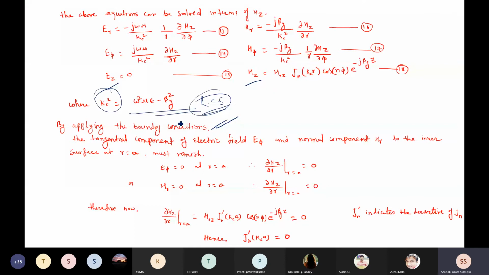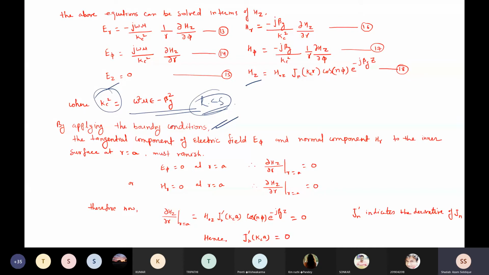Now we have the boundary condition. The boundary condition says the tangential component of the electric field, that is Eφ, should be equal to 0, and the normal component Hr should be equal to 0 at the inner surface of the circular waveguide.